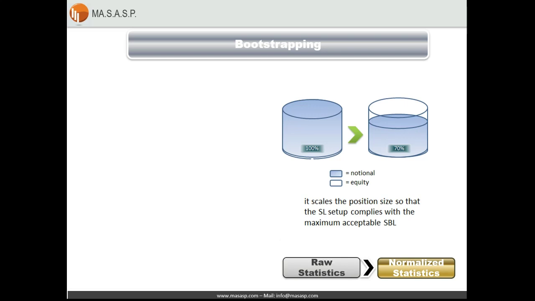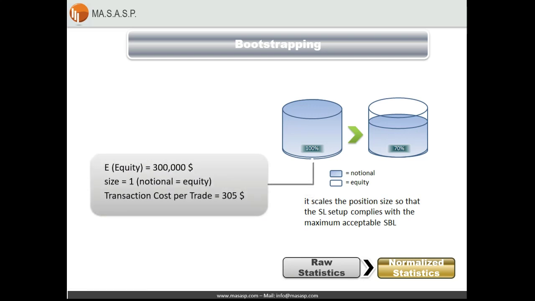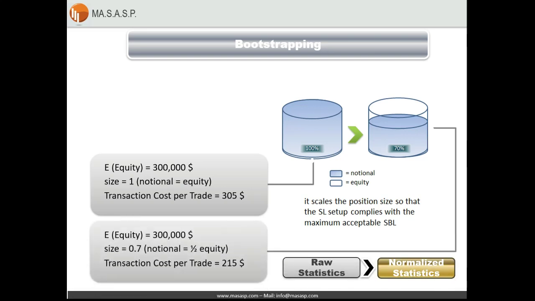Let's make a full-featured example. If we have an equity of $300,000 and we submit a trade with the full size, with notional value equal to the equity, we wind up bearing a transaction cost of $305. If we instead submit a trade with a position size of 0.7, with a notional value equal to 70% of the equity, we wind up bearing a transaction cost of $215.